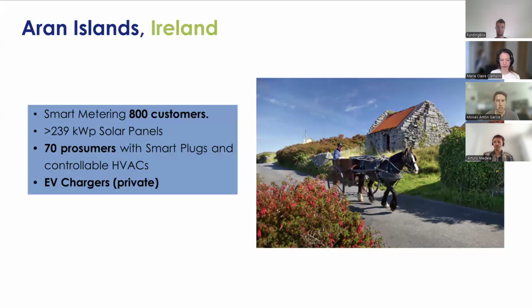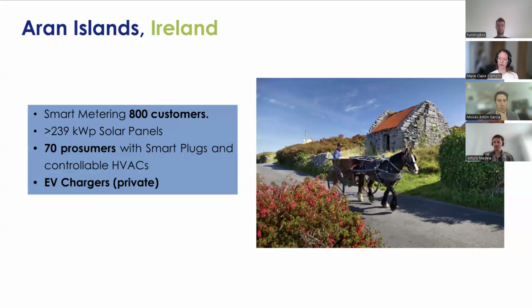So that you can also have an idea of which are these different demonstration sites. The Aran Island pilot site is quite a small community. We have smart metering data from over 800 customers. We also have access to quite a significant amount of power from solar panels.